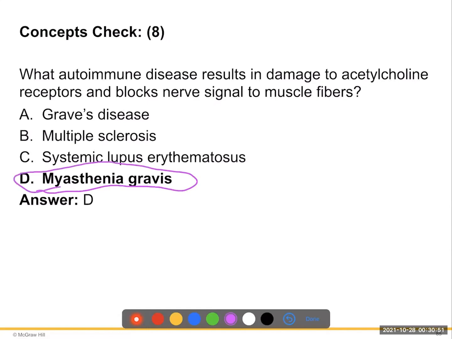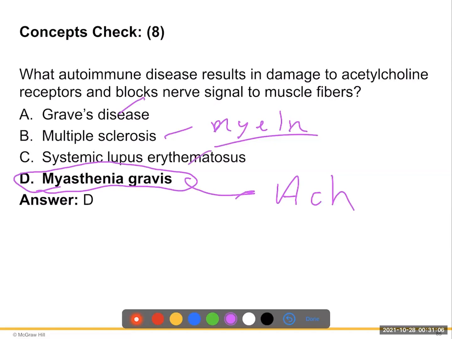Multiple sclerosis is the myelin. Oh, okay. Destroys the myelin. Myasthenia gravis was your ACH receptors. I couldn't remember either. I know it was one of those two, because this is your thyroid and this is a systemic disease of lupus, which affects everything. But multiple sclerosis affects your myelin development, and myasthenia gravis affects the ACH receptors.